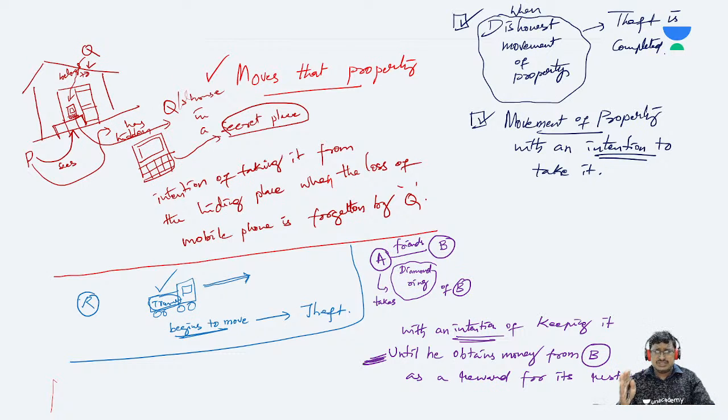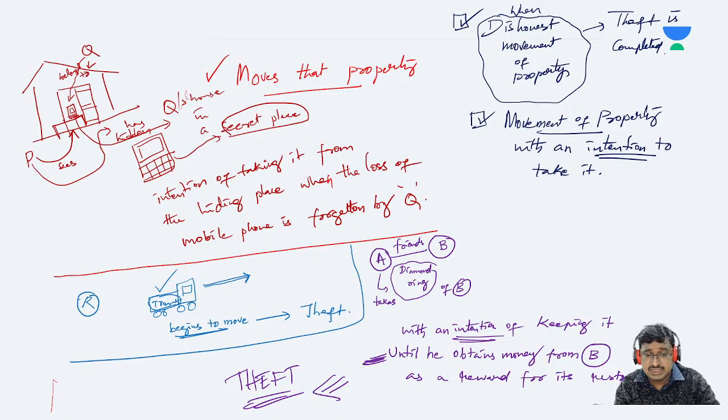Here it shows his guilty intention, his dishonest intention to obtain the money as a reward. Therefore, it also amounts to theft, friends.